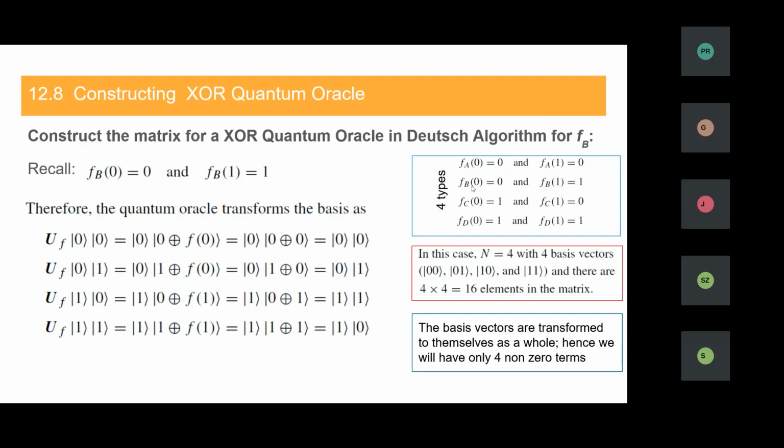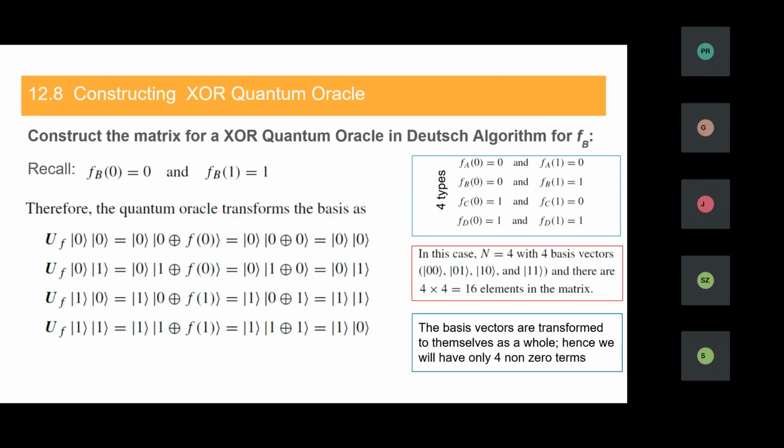This is my FB, which is also given in the book as an example. For the case of FB, I know that FB operating on 0 will give me 0, FB operating on 1 will give me 1. So I can plug that in and then see the oracle transformations on the basis vectors.